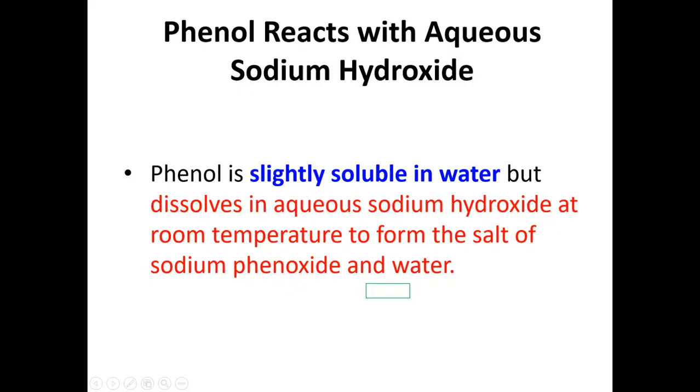Okay, reaction of phenol involves reaction with aqueous sodium hydroxide. Phenol is slightly soluble in water, but dissolves in aqueous sodium hydroxide at room temperature to form the salt sodium phenoxide and water.